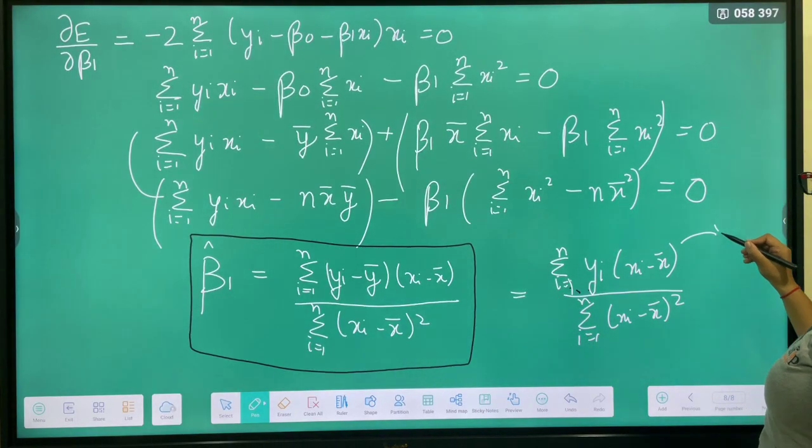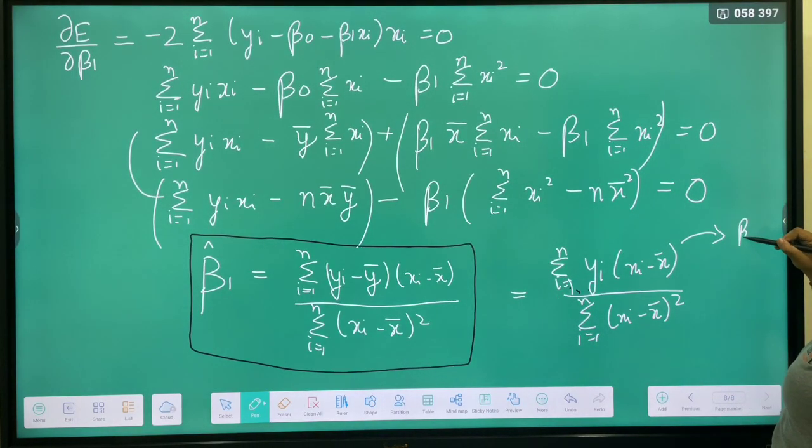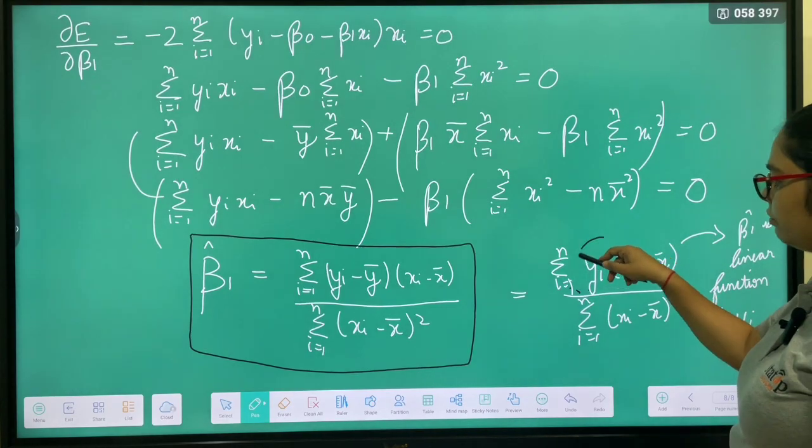And from here we can conclude that beta 1 cap is a linear function of yi, since only the power of yi is 1.